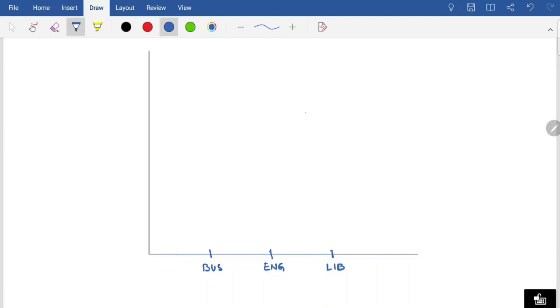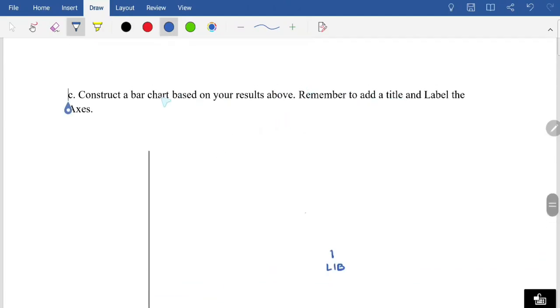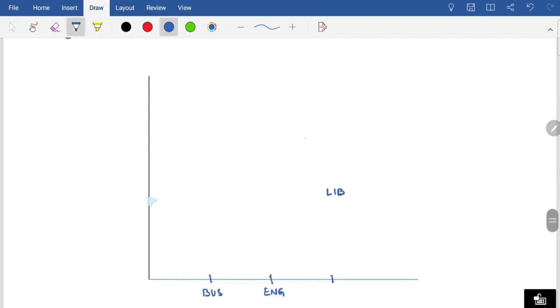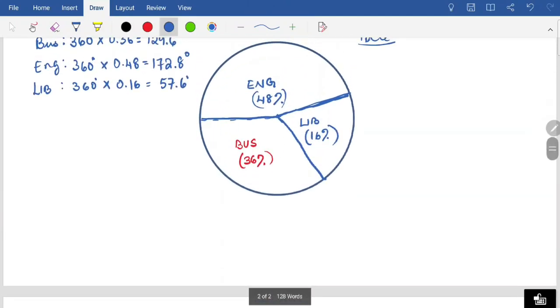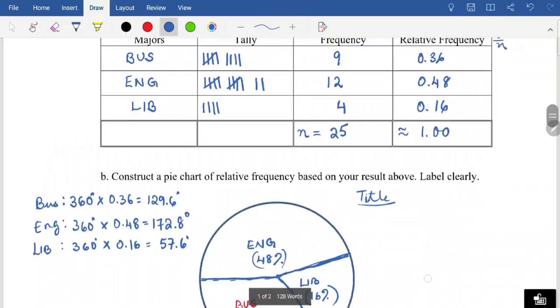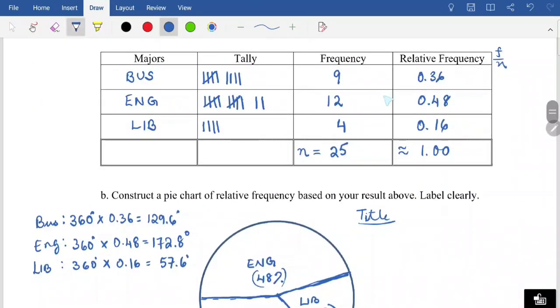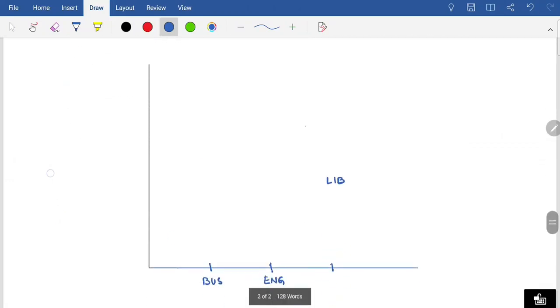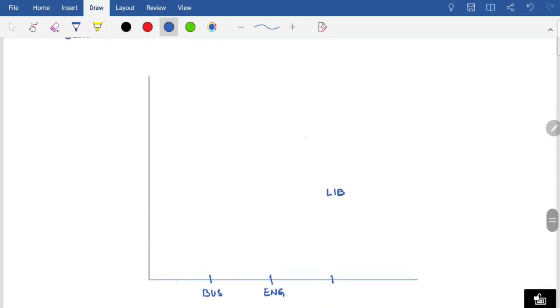All right, and then if it's a relative frequency bar chart, then you have to list your relative frequency values. Now the highest value we have is, I think, 0.48, correct? Yes, 0.48 for engineering. So we can scale our y-axis up to 0.5, and that will fit all our relative frequency values.